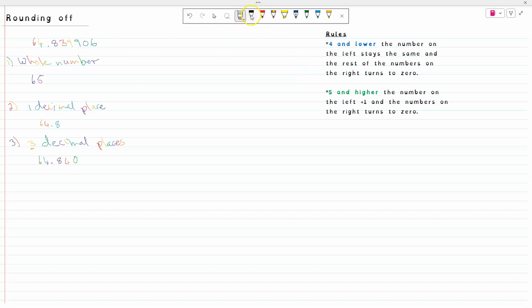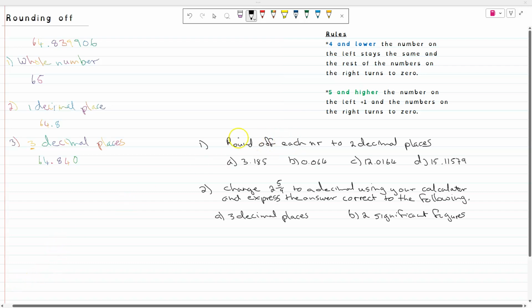Okay, so let's look at a few questions that you're going to answer for me. Okay, so let me write this down. The questions I want you guys to figure out is round off each number to 2 decimal places.